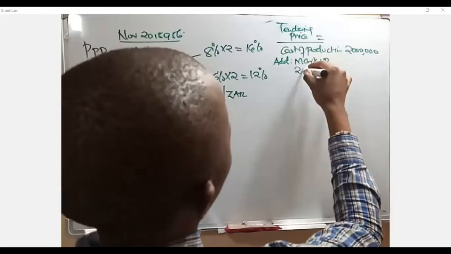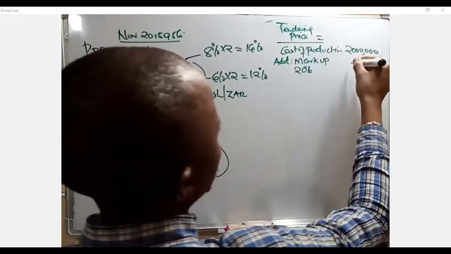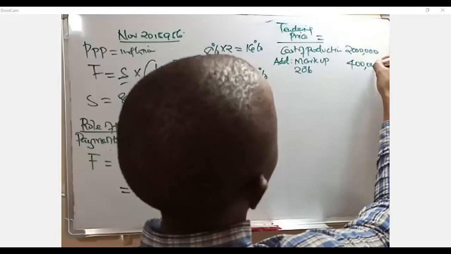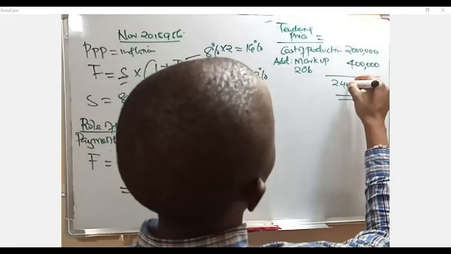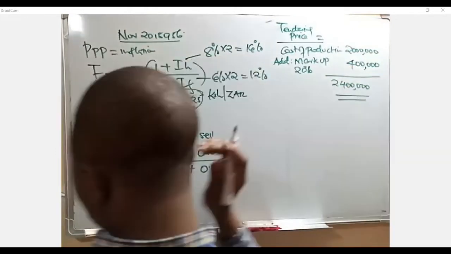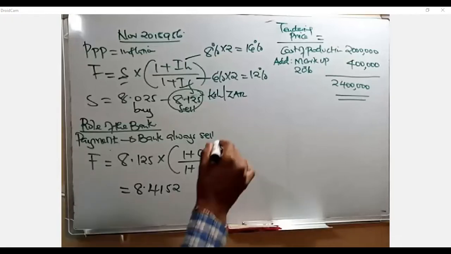The markup is 20% of the cost of production, giving 400,000. So the tendering price should be how much? 2.4 million. That is the tendering price.